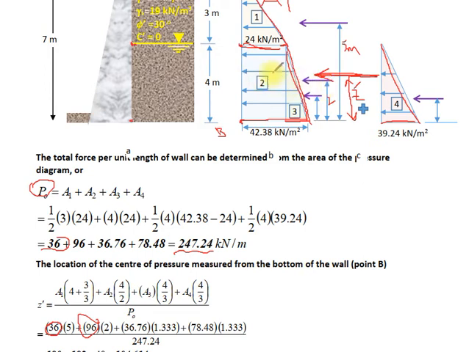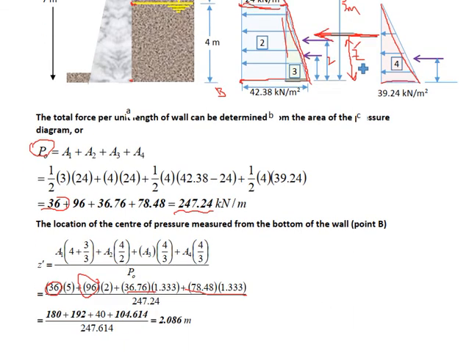since the center of the rectangular area is 2 meters from the bottom, plus A3, multiplied by 1 over 3 of 4, one third the height of the triangle, plus A4, here also the same value, multiplied by 4 over 3, divided by P naught.